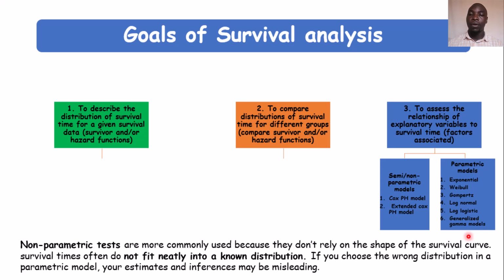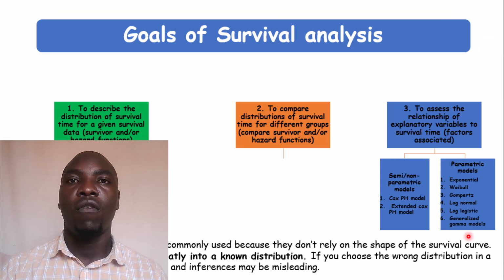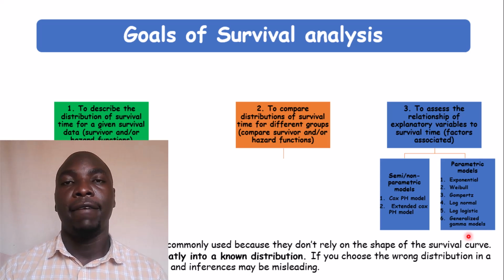And if you choose the wrong distribution in a parametric model, your estimates and inferences may be misleading. That's why most times you'll see people reporting using the Cox PH model and the extended, the semi or the non-parametric models. I hope now you have a good overview of what survival analysis is, what are the objectives and the different tests that we have under survival analysis.